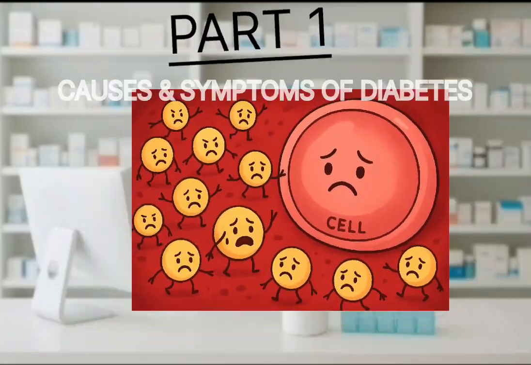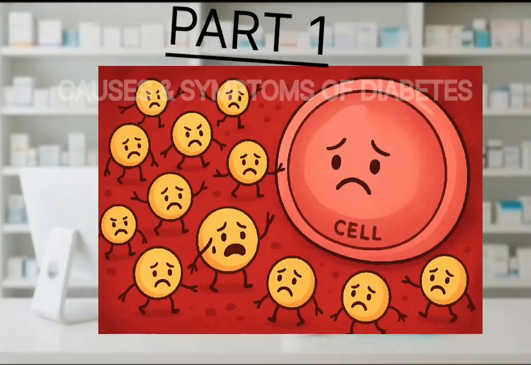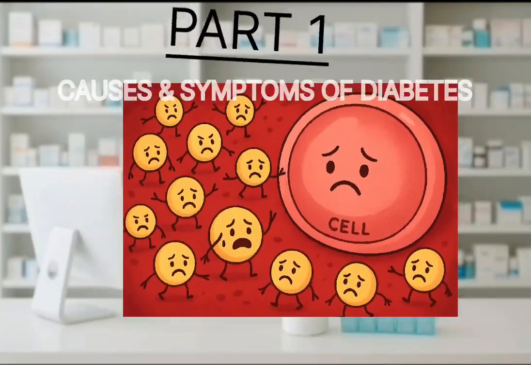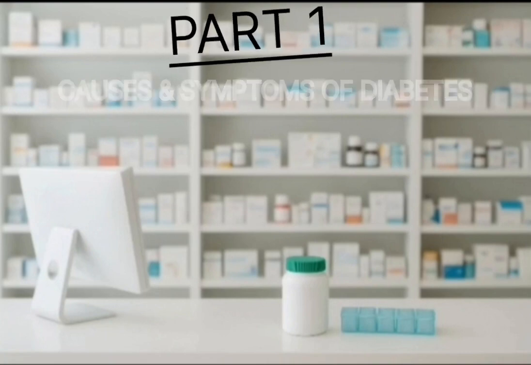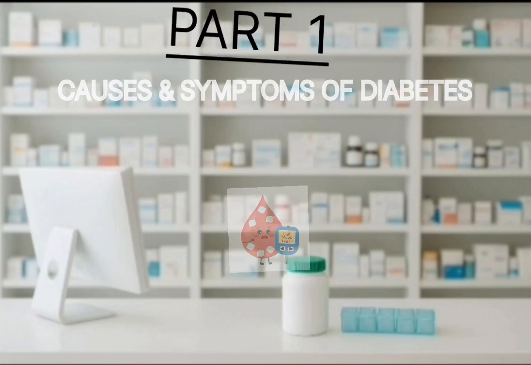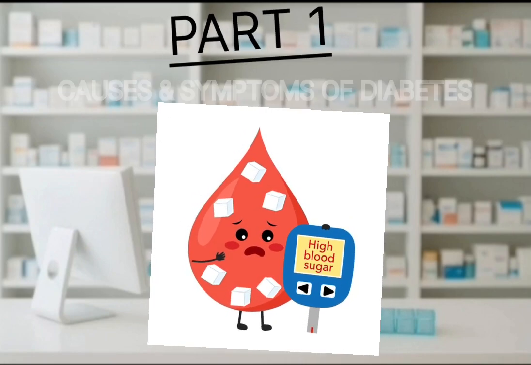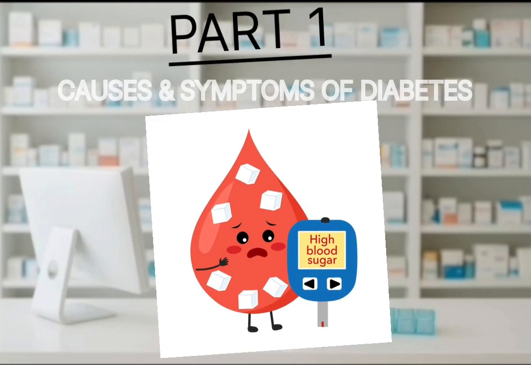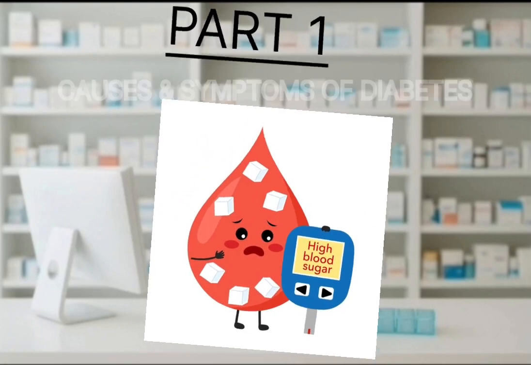Either the insulin is not produced by the pancreas, or insulin is produced but the cell is resistant to insulin, so the cell is unable to use insulin to uptake the glucose inside it. So this is the cause of diabetes, and this will lead to the rise of blood glucose and that will result in the diabetic condition. So these are the causes of diabetes.